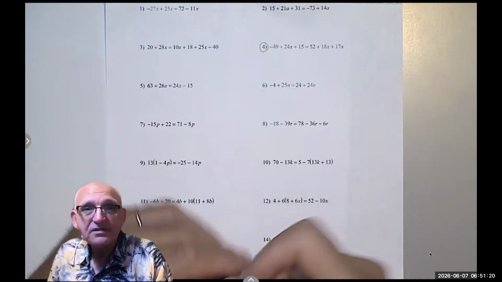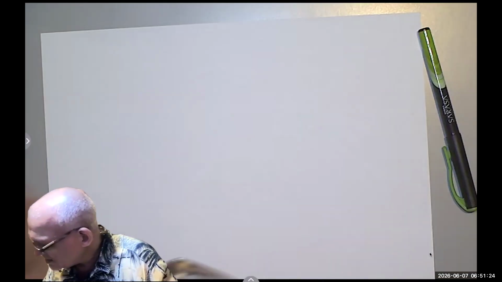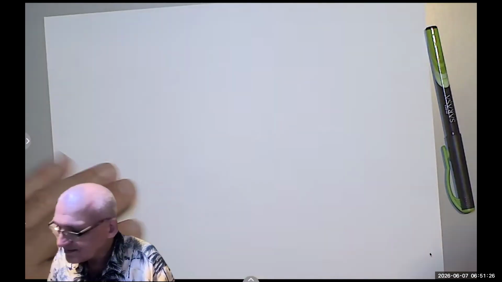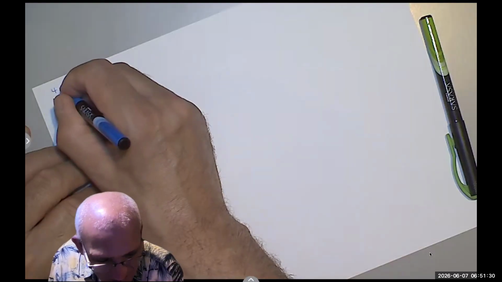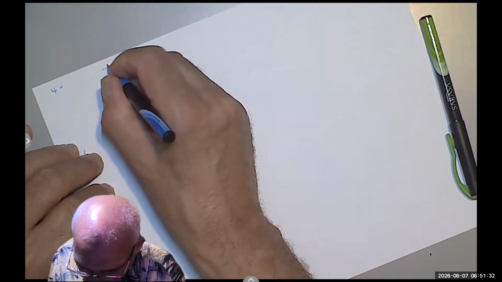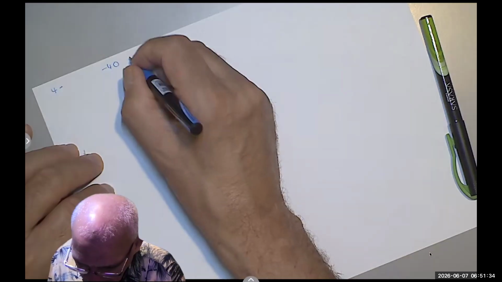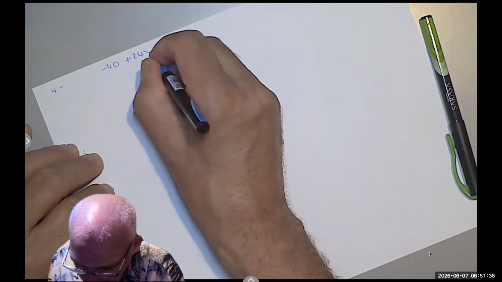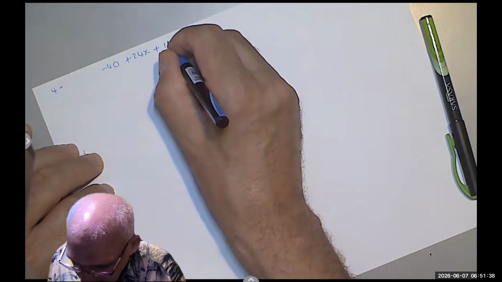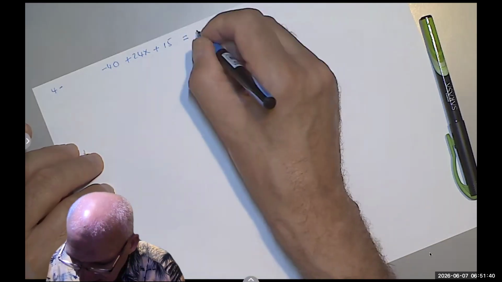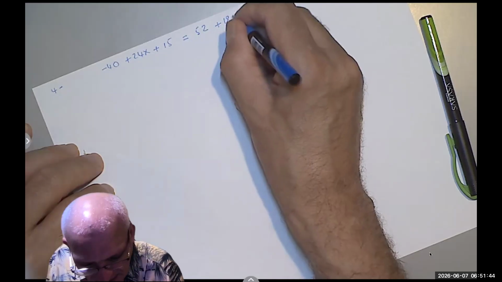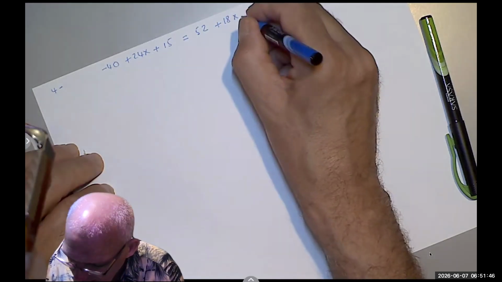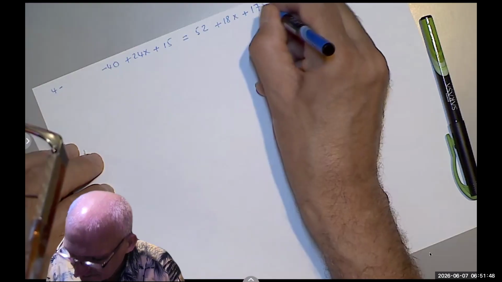Number 4, let me rewrite it here so we'll be on the same page. Number 4 says negative 40 plus 24x plus 15 equals 52 plus 18x plus 17x.